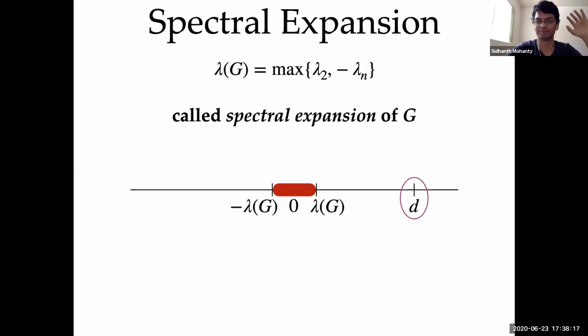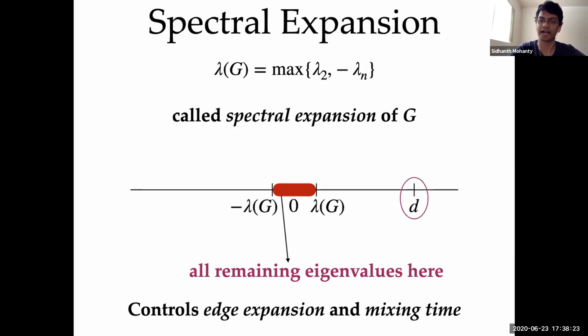We're going to call this quantity lambda of G, also known as spectral expansion. One way to visualize this quantity is that we want to make lambda of G as small as possible. With the exception of the top eigenvalue d, we want all other eigenvalues to fit in this red colored interval between negative lambda of G and lambda of G.